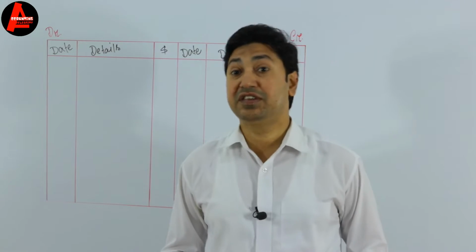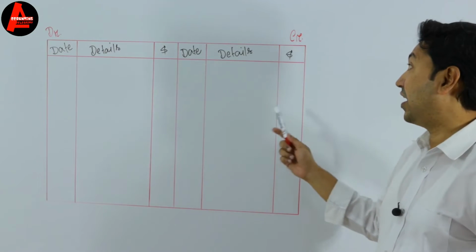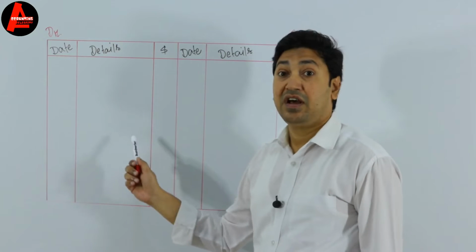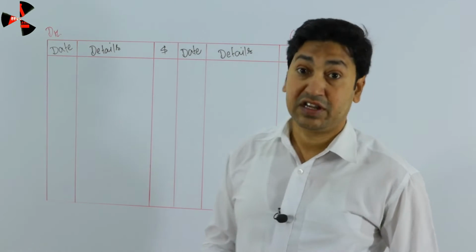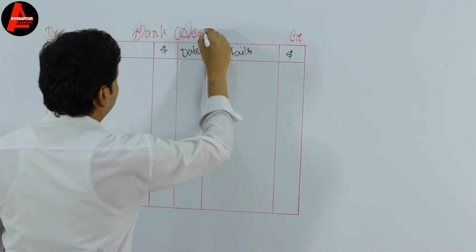Here you see the format. We have date, details and dollar, and date, details and dollar. These three columns are the credit columns and these three columns are the debit columns. It is a bank account, so let us first write Bank Account.